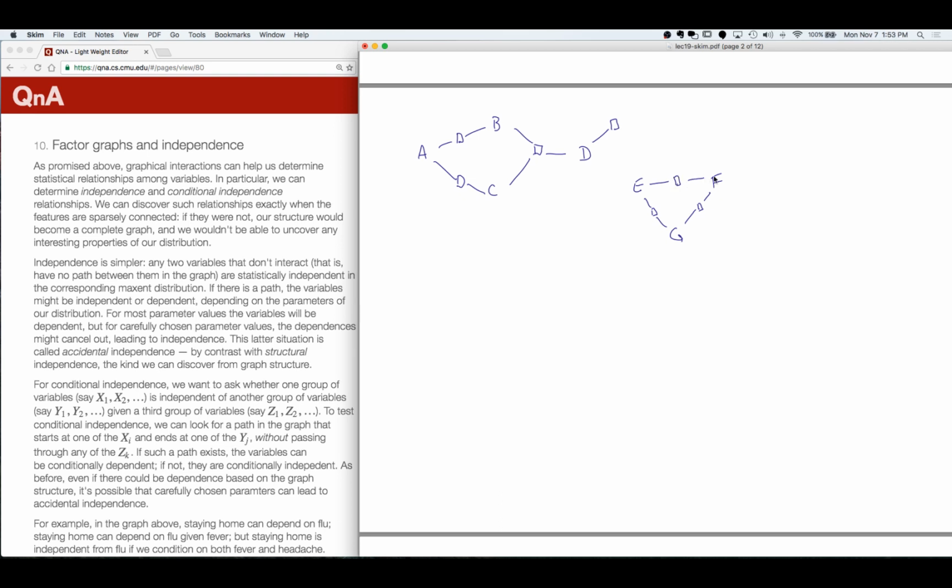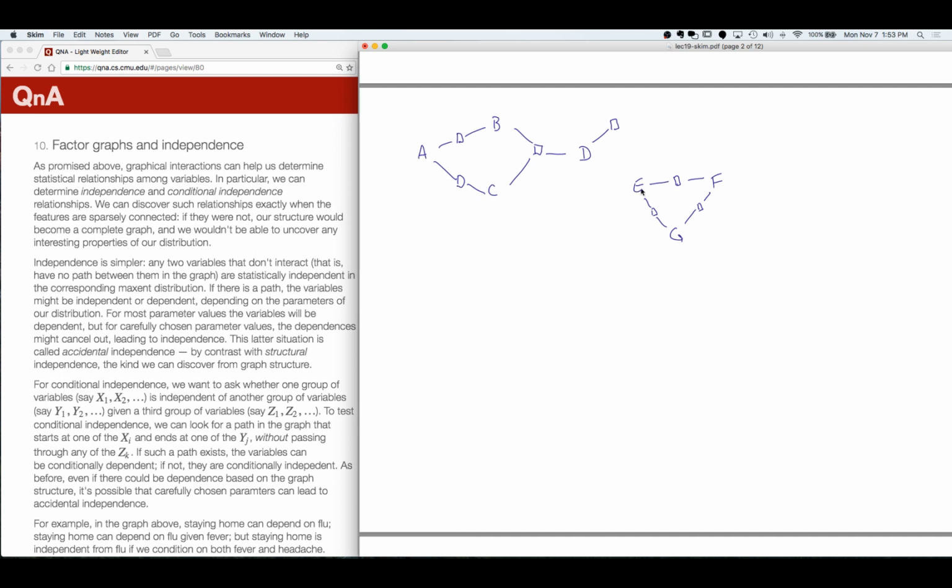So two nodes are independent. Let's say it the other way around. Two nodes are dependent if we can find a path between them in our graph. So A and D are dependent because there's a path ACD. There's also a path ABD. But A and E are independent in our graph because there's no path from A to E.